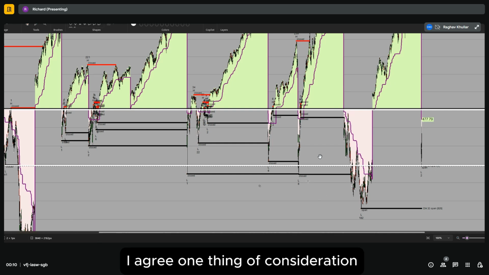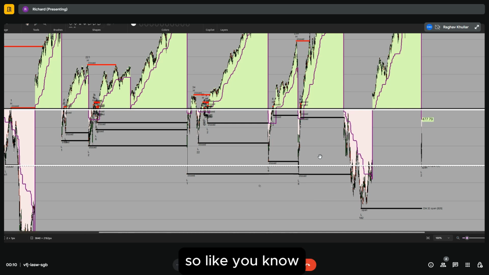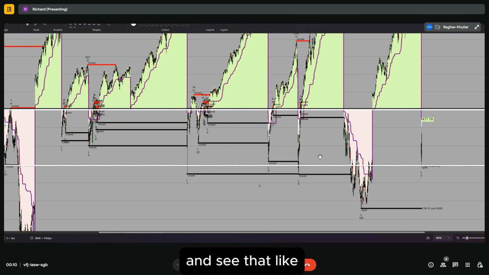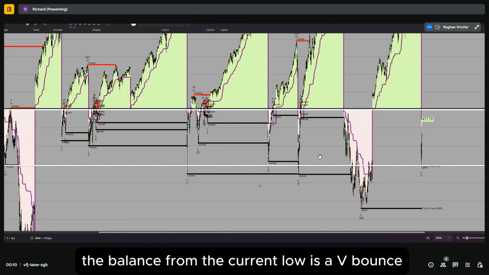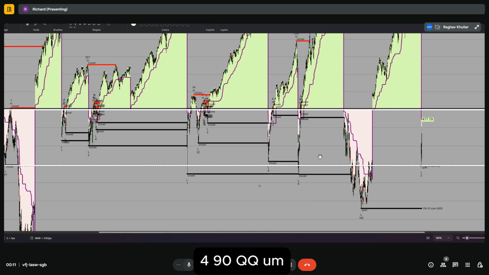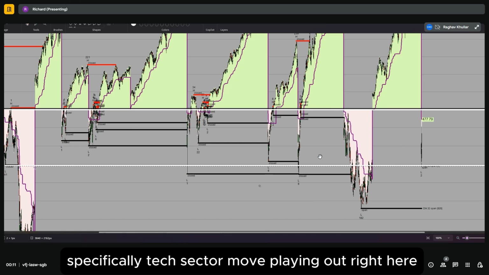I agree. One thing of consideration: we can look at our 2008 fractal here and see that the bounce from the current low is a V bounce. A QQQ equivalent of this move would be roughly 490 QQQ, of this exact tech sector move playing out right here.